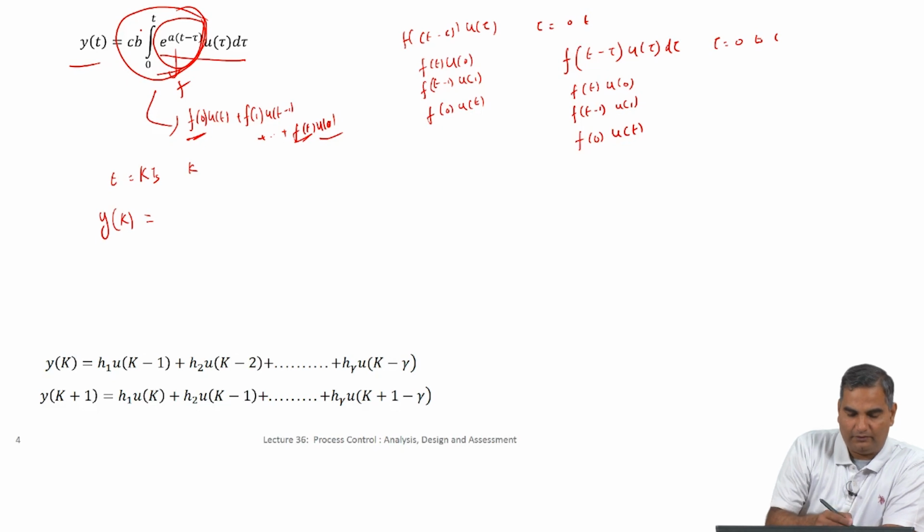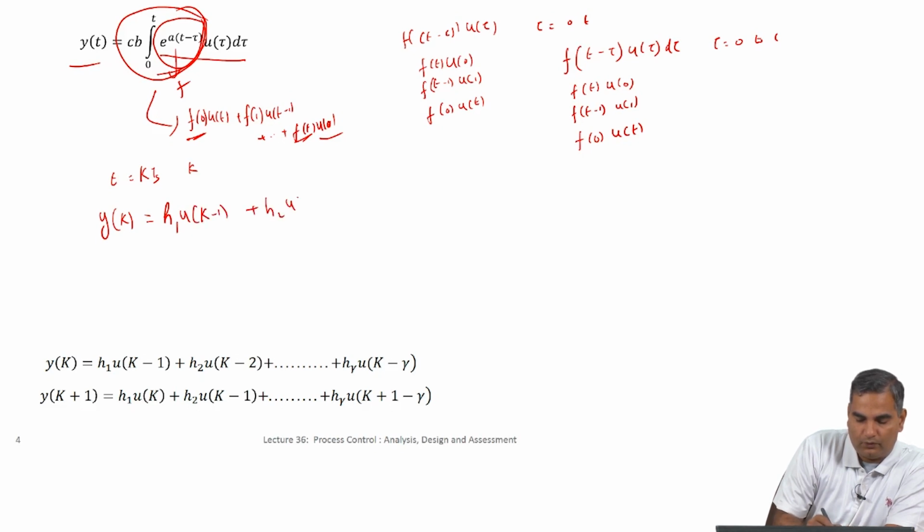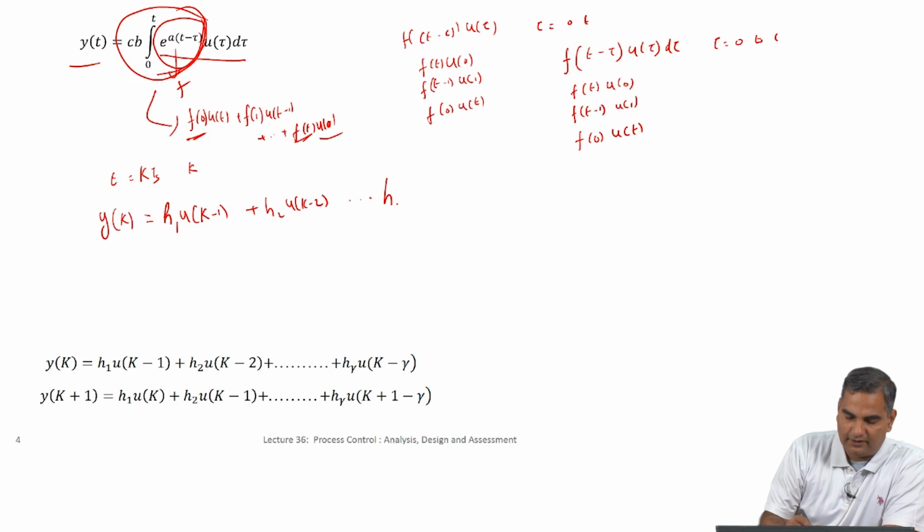I am just making a slight change of notation. So, I am going to say h1, I will finish this and then explain this: h1 u1, h2 u of k minus 2, all the way up to maybe we will call this h gamma u of k minus gamma.